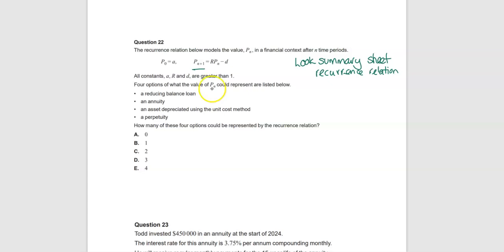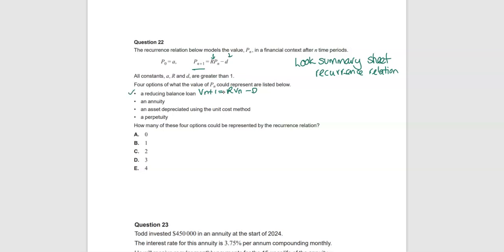So if you went to reducing balance and looked at your recurrence relation formula, it actually says Vn+1 equals RVn minus D. Sorry, that's an N. So that looks like the same formula. You can see there's an R, there's a D. So that one, yep, it could be that one.